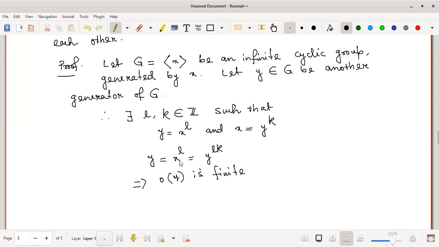If y equals y to the power LK, when will it be possible? See, y is a generator of G and G is an infinite cyclic group. So that means if you go on taking y, y square, y cube, y4, it cannot terminate. Otherwise, the group will be finite. So y must be of infinite order.